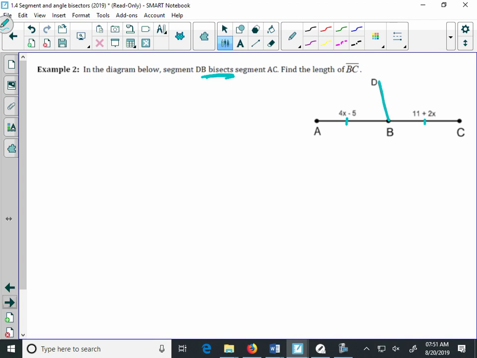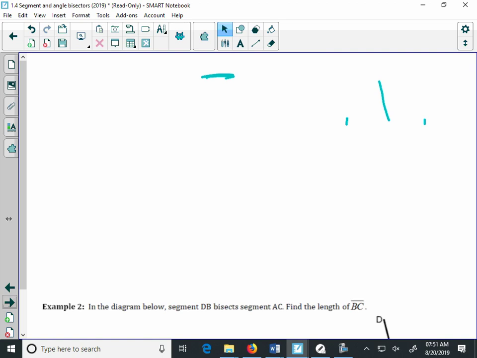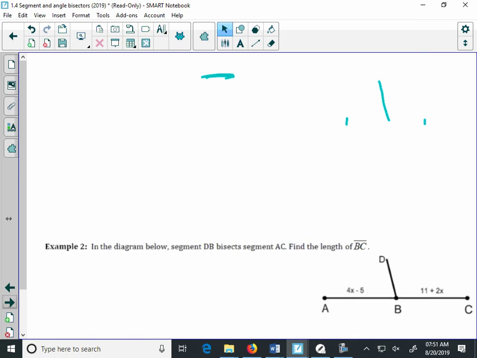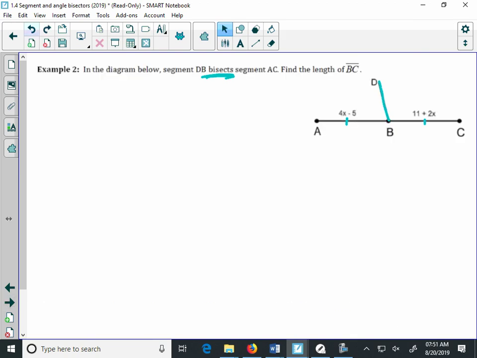So if I know those are equal, well, how can I set up my equation to solve? What would it look like? I know these two things are equal if I know they're the same. What can we do? Yeah, you just take whatever's written on these two segments and set them equal to each other. It's essentially what you're doing when you have a bisector.